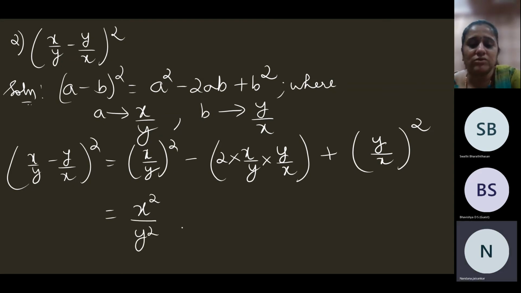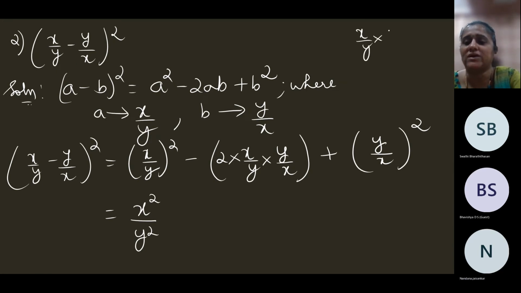Because what is X by Y the whole square? It is X by Y into X by Y. X into X is X square. Y into Y is Y square. So X square by Y square.